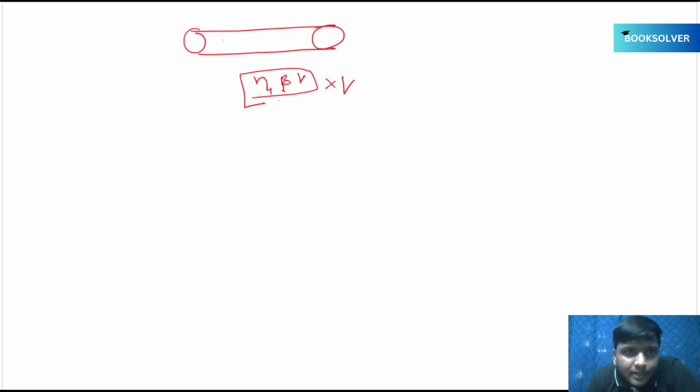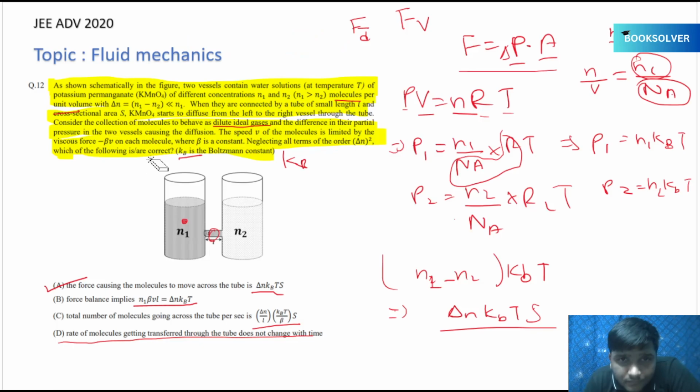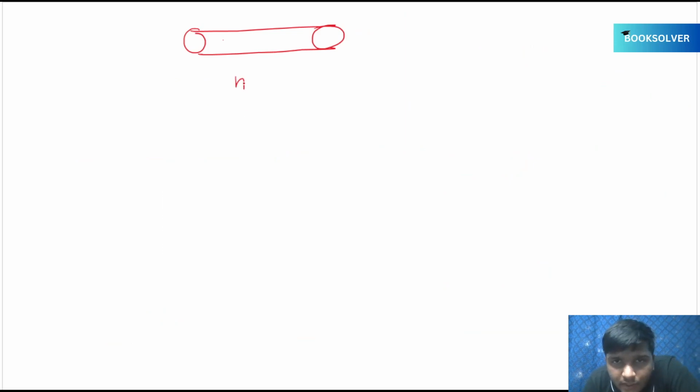So to find it, we'll erase all this and take beta V into the volume. So N1 beta V, what will the volume be? It will be nothing but L into S. This is the length and this is the area, so it will give us the volume here.